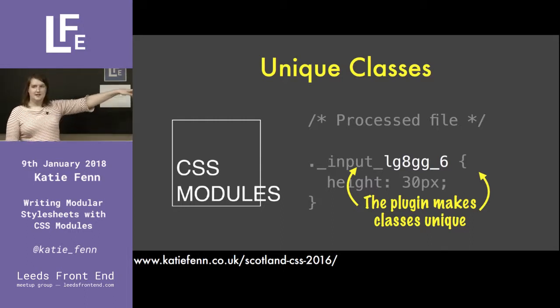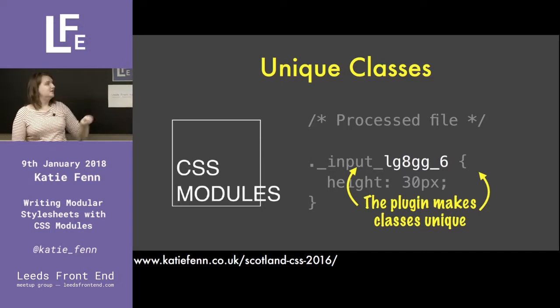It's appended a unique hash onto the end of your class name. This unique hash is generated from the class name and the directory path of the file that class was used in. This means that two classes used in different files can't clash with each other anymore, even if they have the same class name.